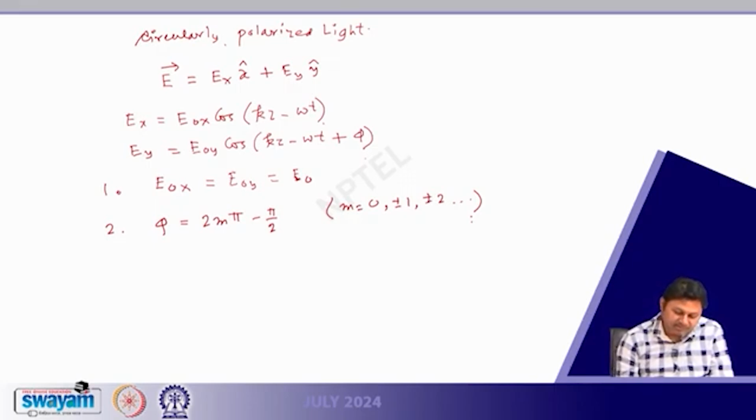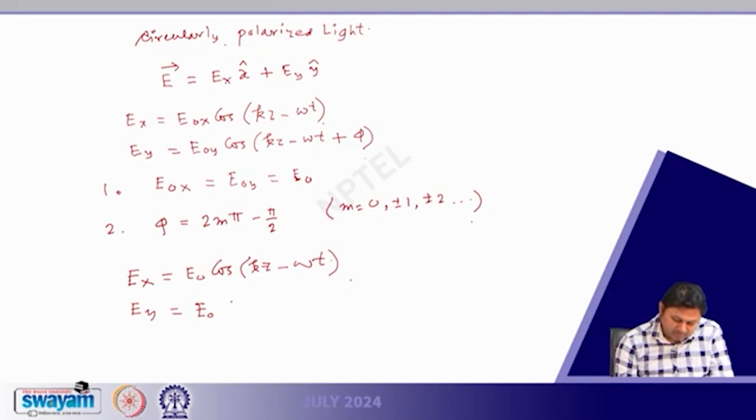If that is the case, then my Ex and Ey I can write as Ex is simply E0 cos of kz minus omega t, and Ey will be E naught sine of kz minus omega t.